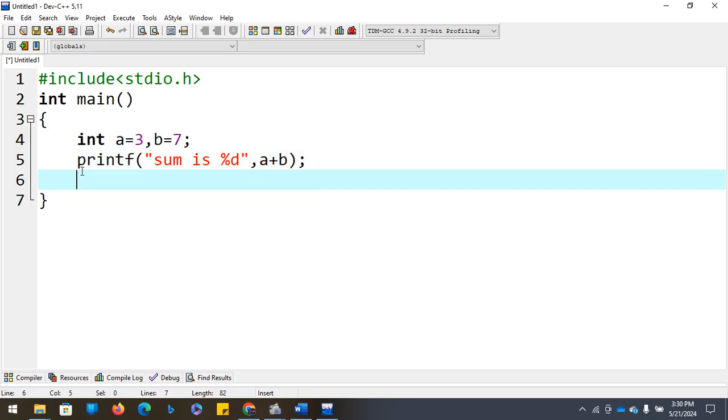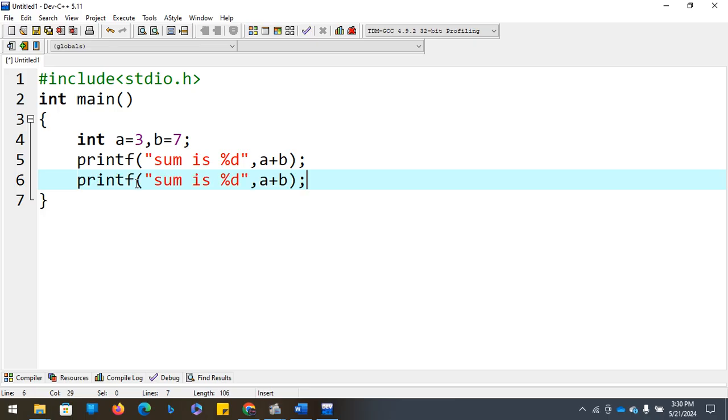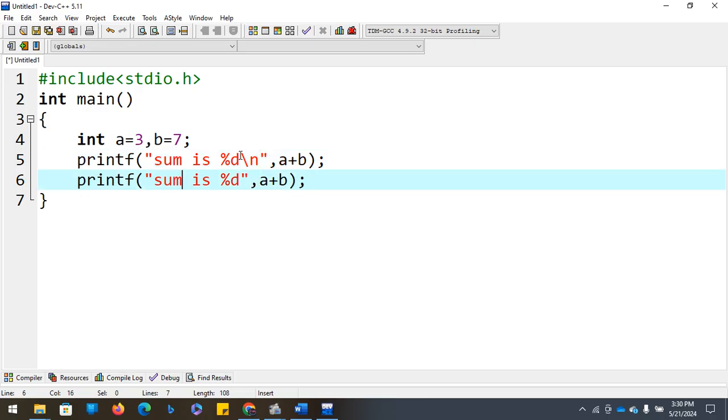Just copy and paste the same line. So we have to put it here slash n. Here differences. We have to put minus.